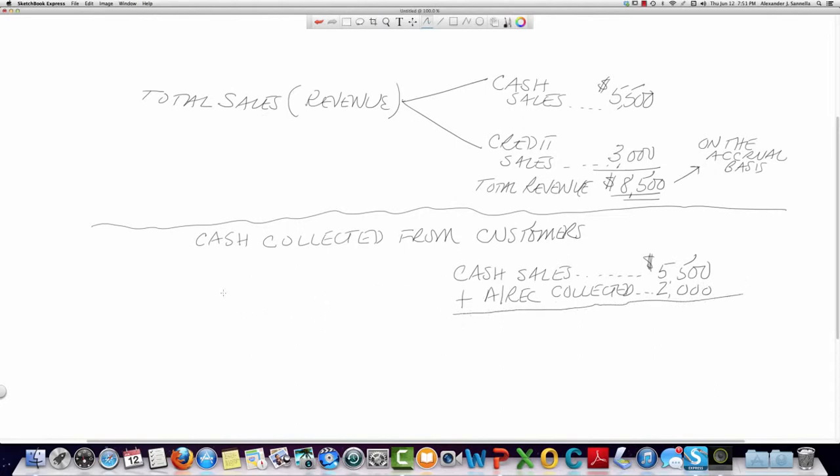And the total is your cash collected from customers. And that would be on a cash basis.